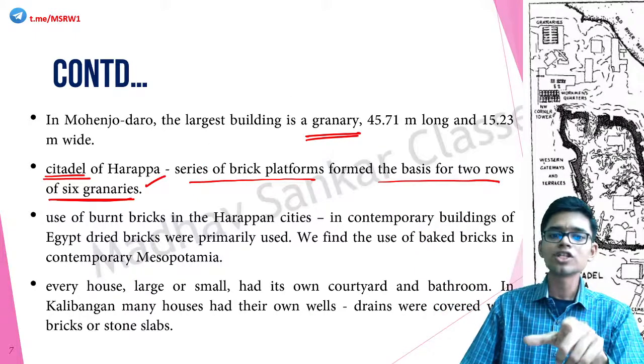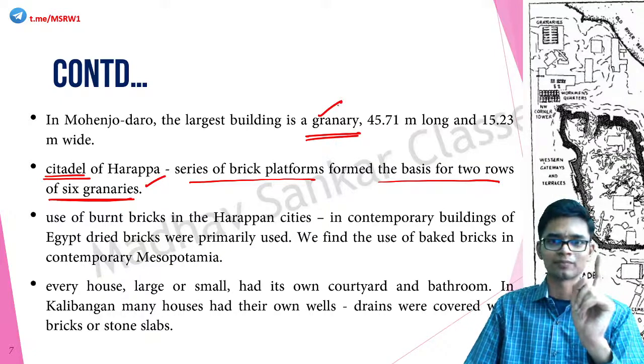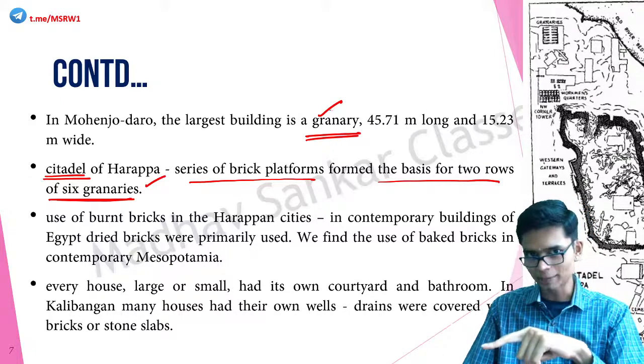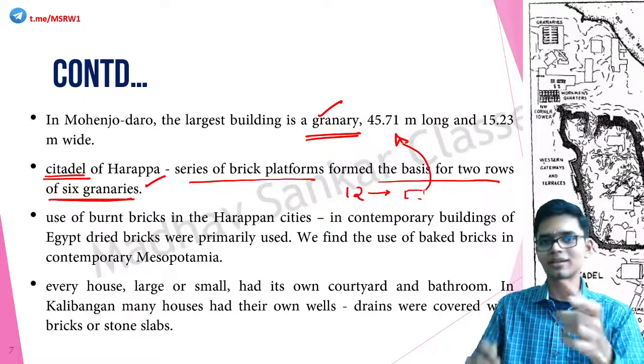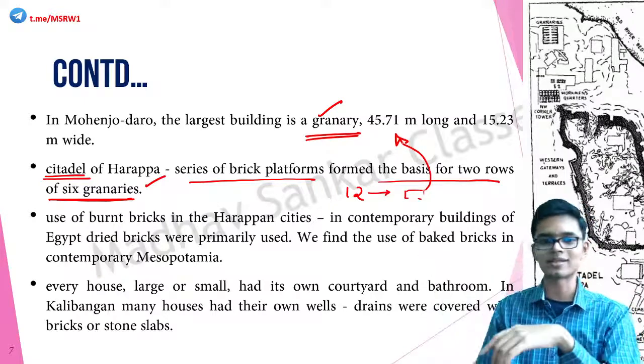But in Mohenjo-daro, there is one huge granary. In the city of Harappa, all these 12 granaries together form an area equal to that one that existed in Mohenjo-daro. But this is a separate building. That's the difference.